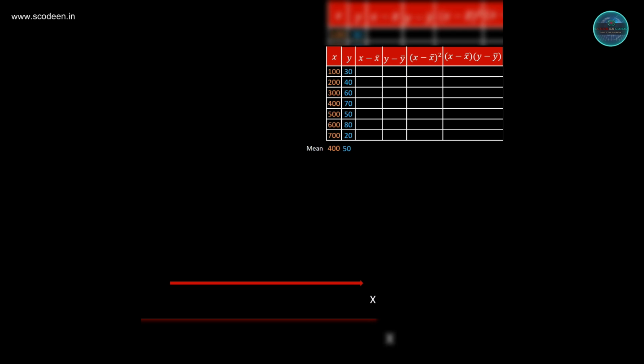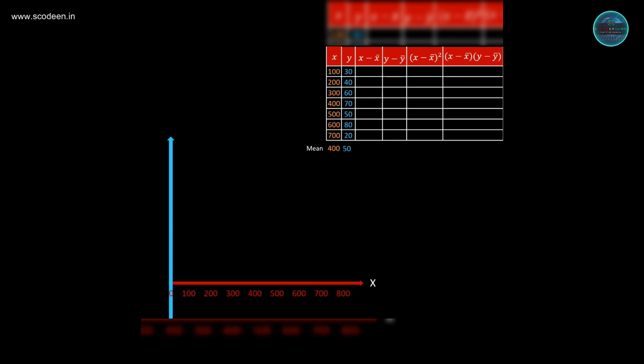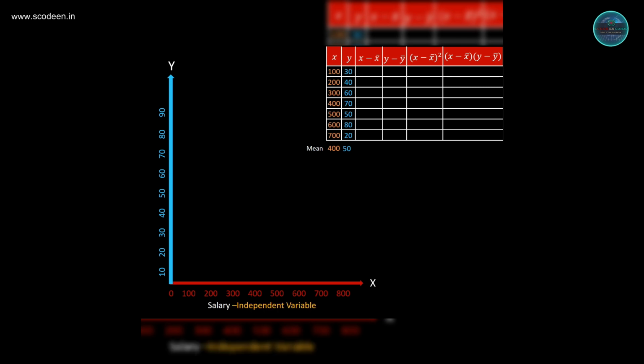Let's analyze the coordinates of the regression line. Here, the x-axis holds the independent variable, that is salary, and the y-axis holds the dependent variable, that is the purchasing capacity of the user. If we observe observation 1, it is located at 100, that is the x-axis value, and 30, that is the y-axis value.